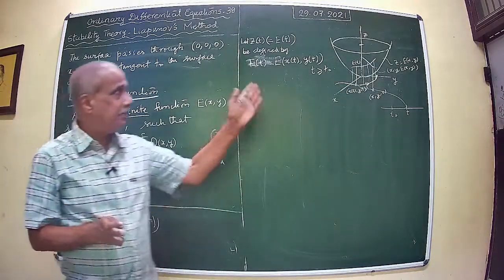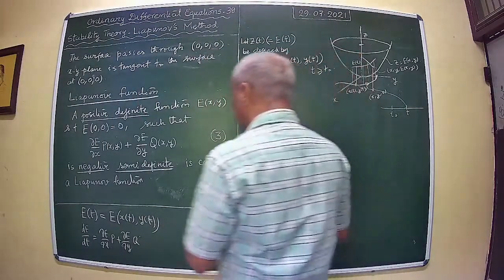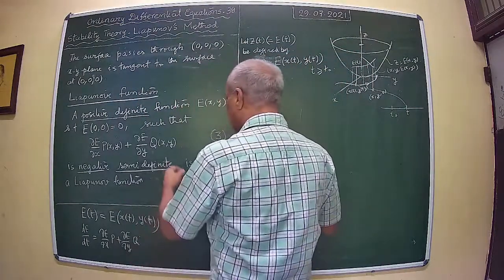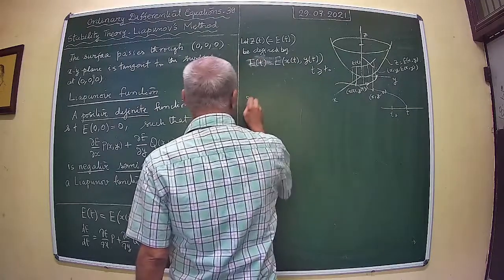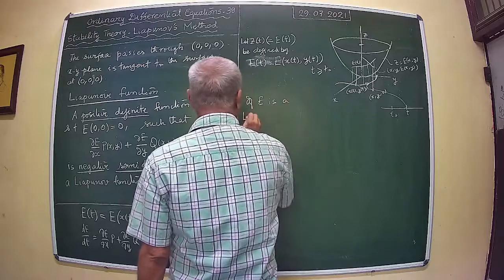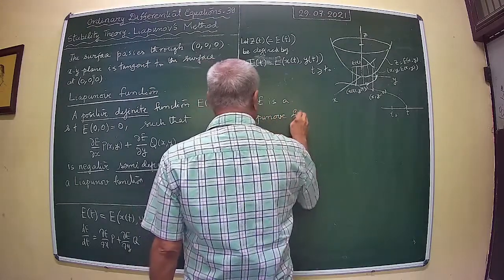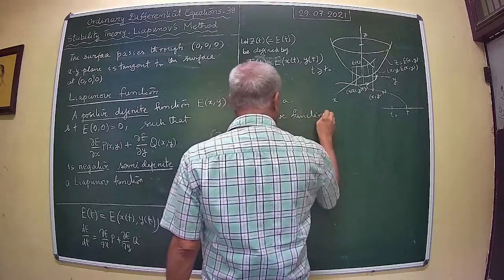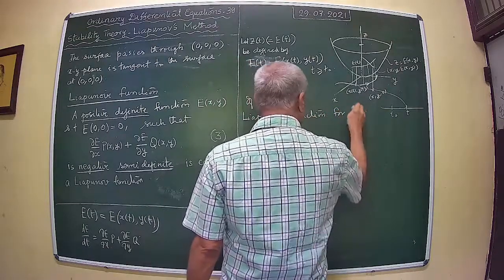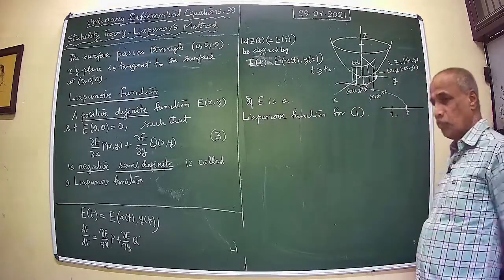Now, if E is a Liapunov function for system 1, this is where it gets related to equation 1, we also have condition 3.